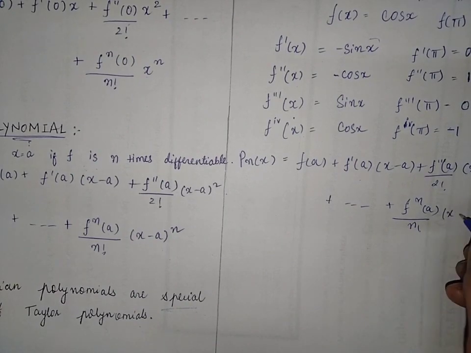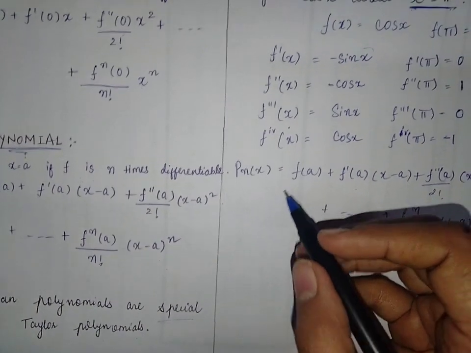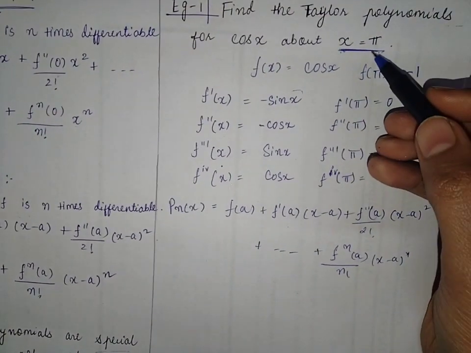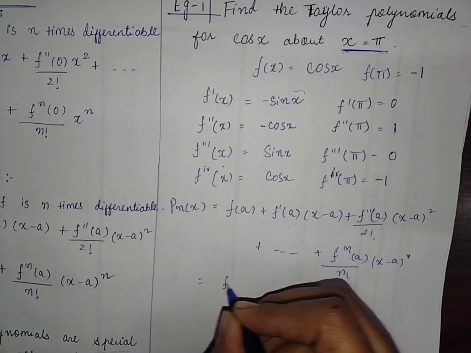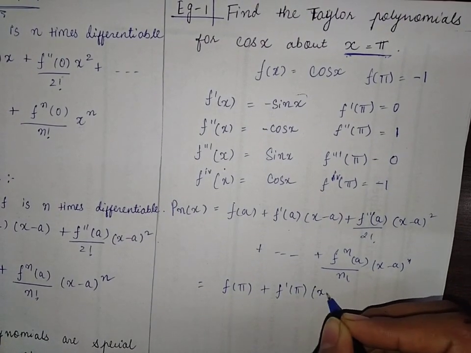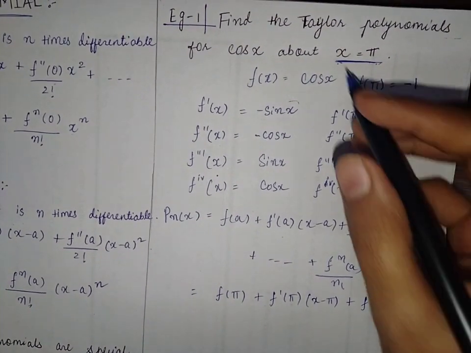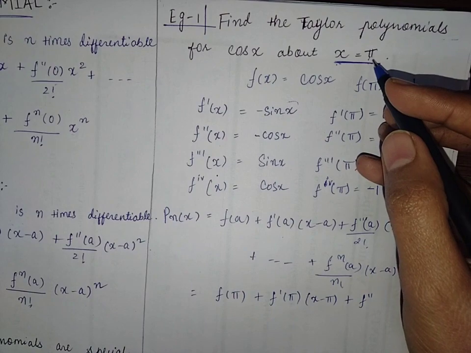But here the point given is pi. So here we have to write f of pi plus f dash of pi into x minus pi plus f double dash. X equal to pi is given, but x is equal to a.